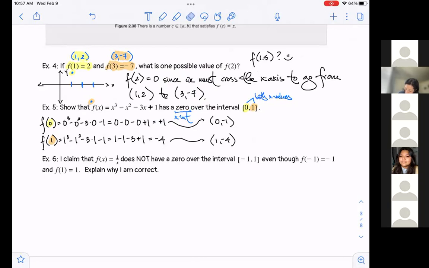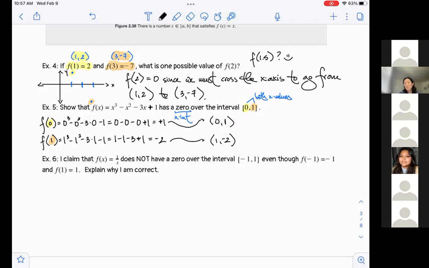And I think this changes to a -2. But an x-intercept is when the y value is 0. So this is not an x-intercept. Yeah, okay, that makes sense.